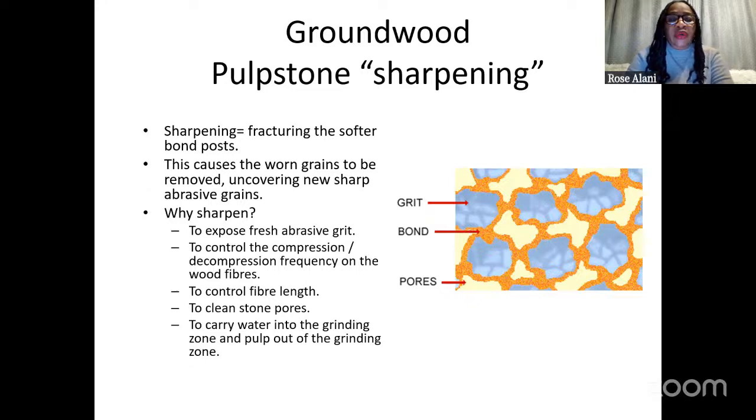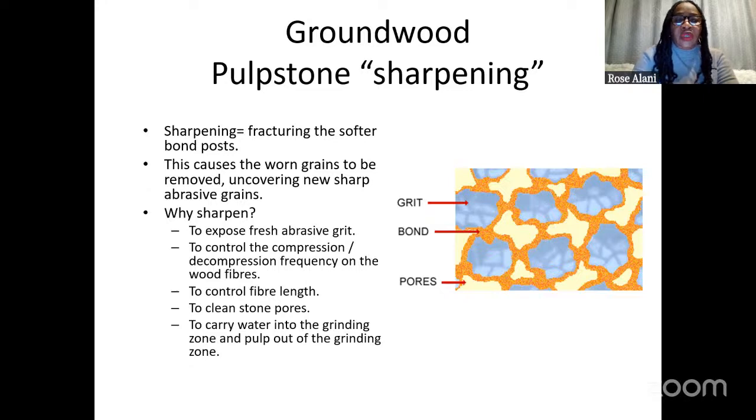So why do you need the sharp abrasive grain of the stone? You need it to expose fresh abrasive grit, just like sharpening a knife that was blunt before. You have removed whatever is making it blunt, and it gets sharper. You do that also to control the compression and decompression frequency on the wood fiber.